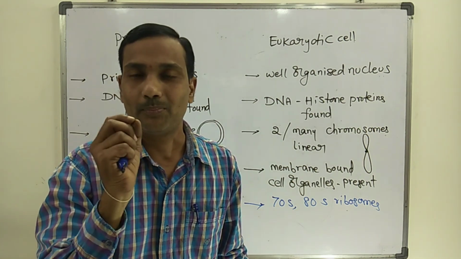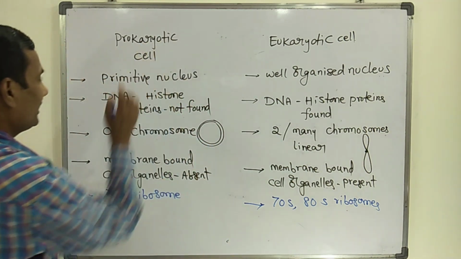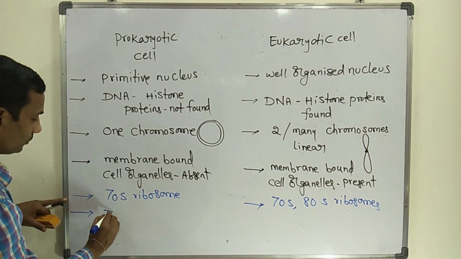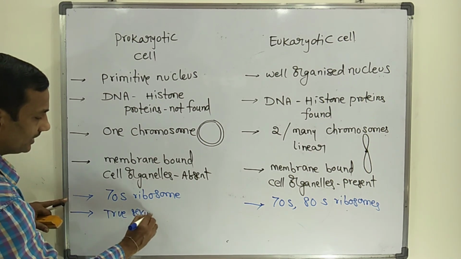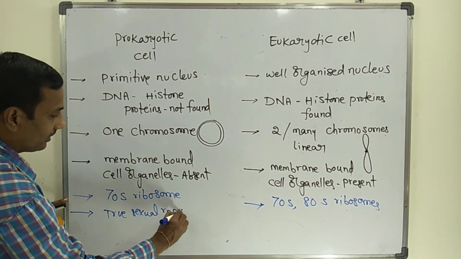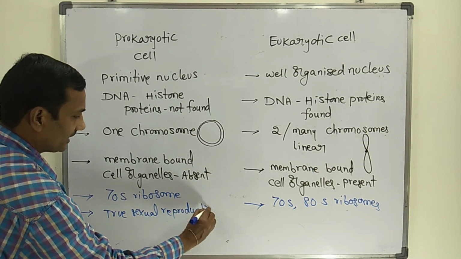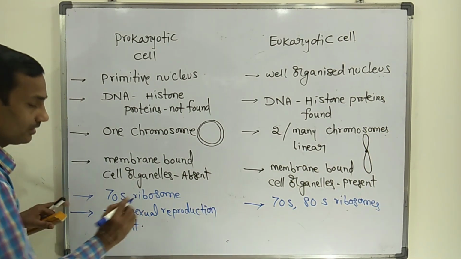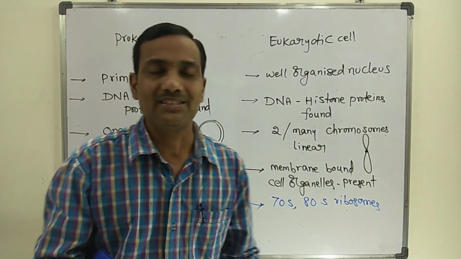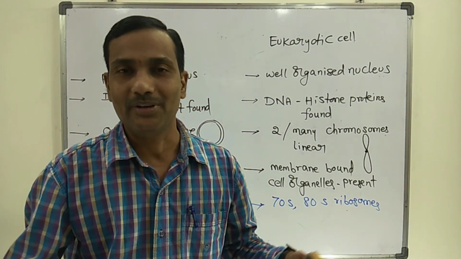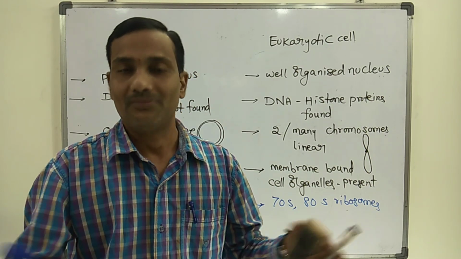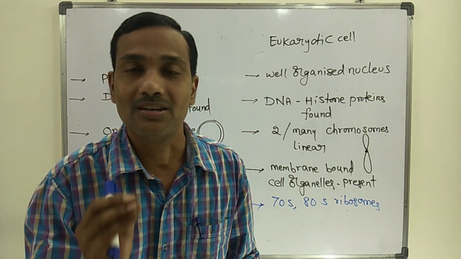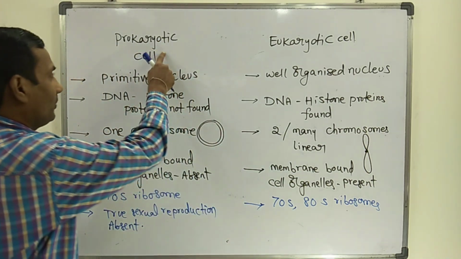One more important point about prokaryotic cells: true sexual reproduction is not found in prokaryotic cells, it is absent. True sexual reproduction means gamete formation and gametic fusion, male gametes and female gametes, which are not produced in prokaryotic cells.